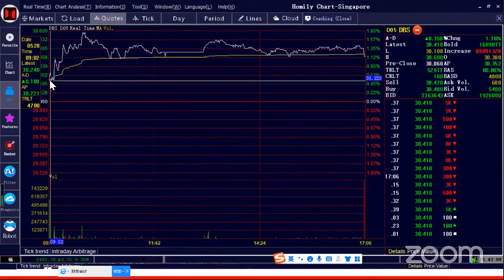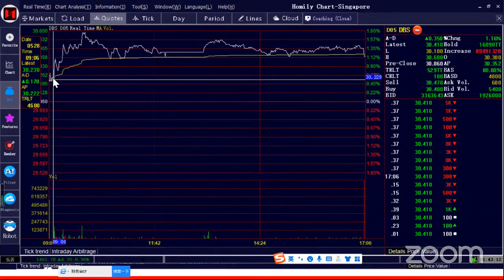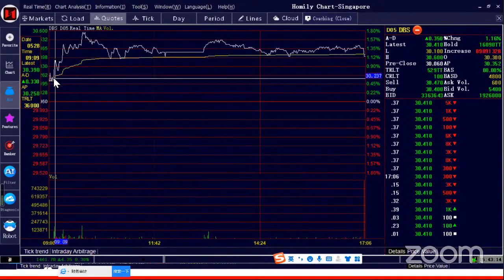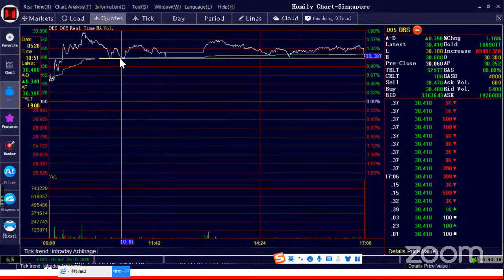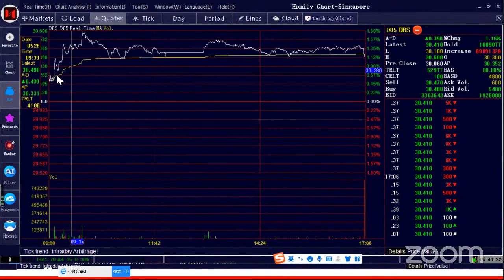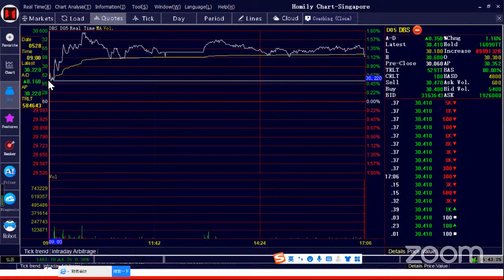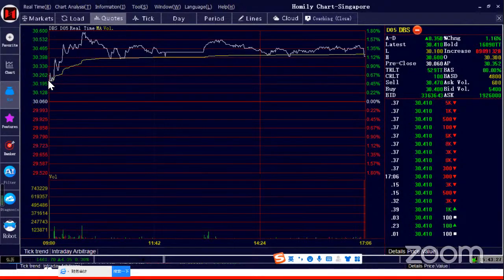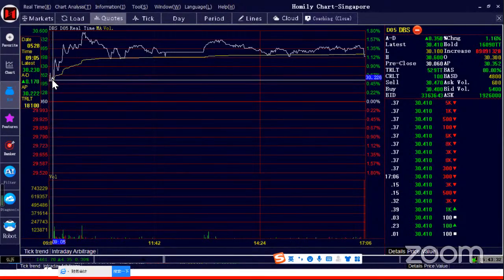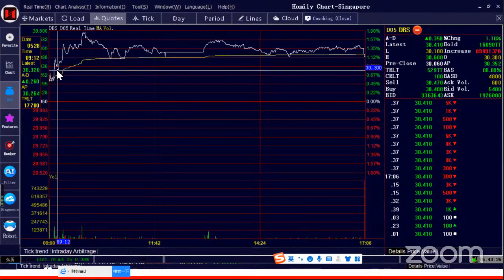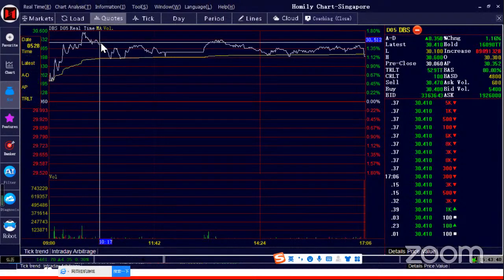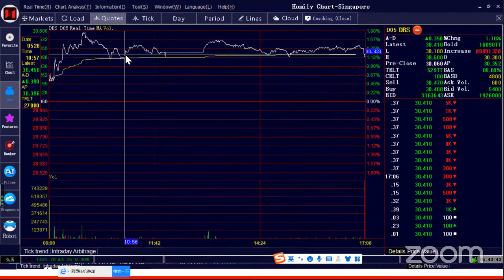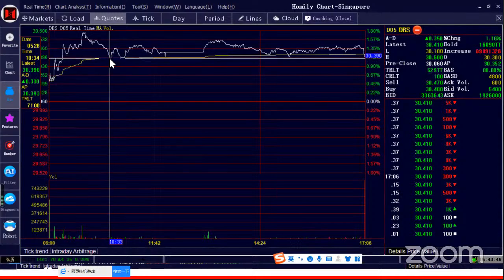That means it is an up day for DBS, and you can see the white line in fact moves above the yellow line, right? When the day kicked off, it opened high. Then DBS moved up quite fast, but it retraced, though it didn't fall below the yellow line.